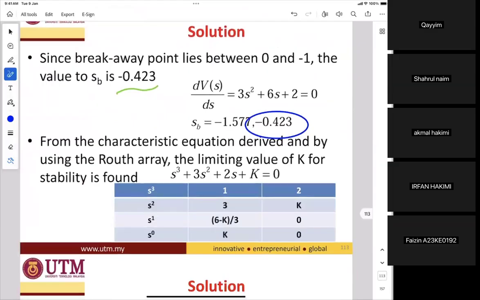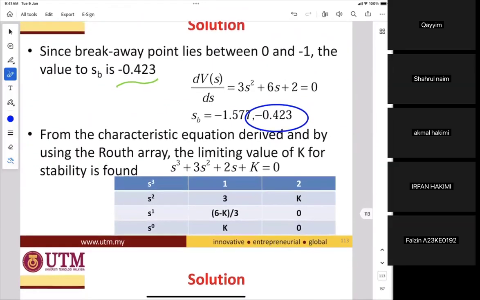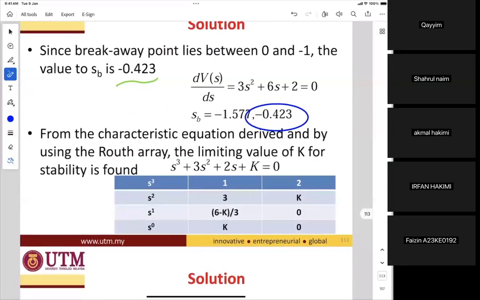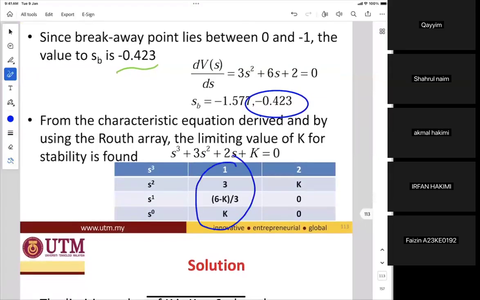And from there, we can calculate the K value, either by using the magnitude formula or using the Routh-Hurwitz table. If you look here, the first column of the Routh-Hurwitz table: this one is greater than 0, this one greater than 0. So you simplify.